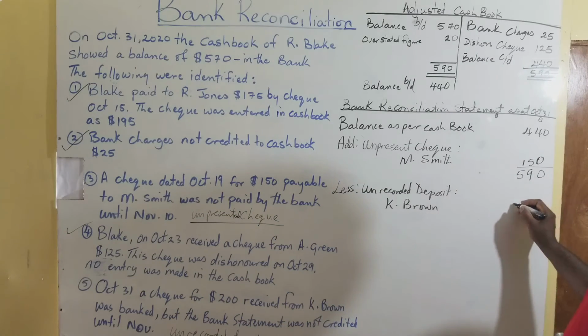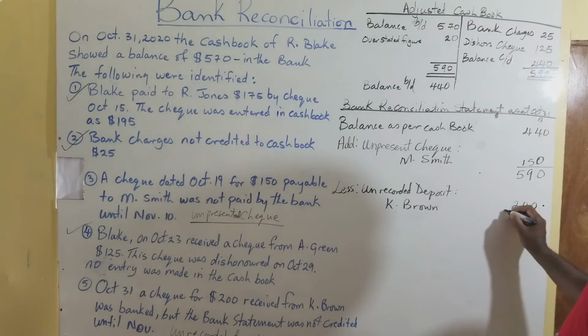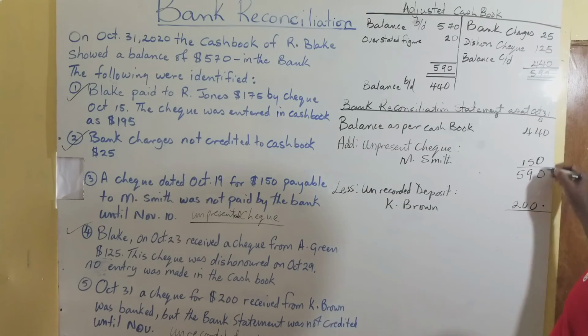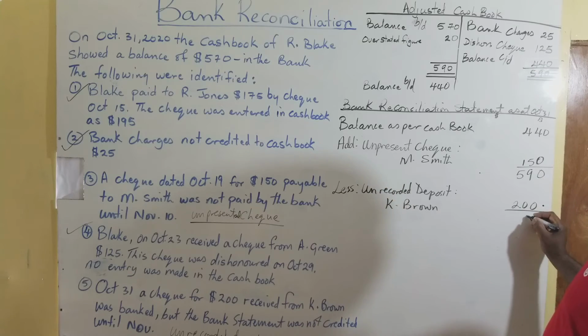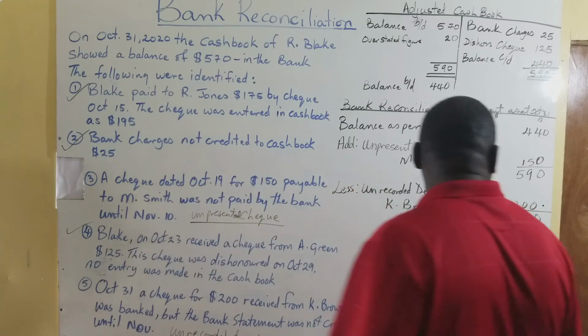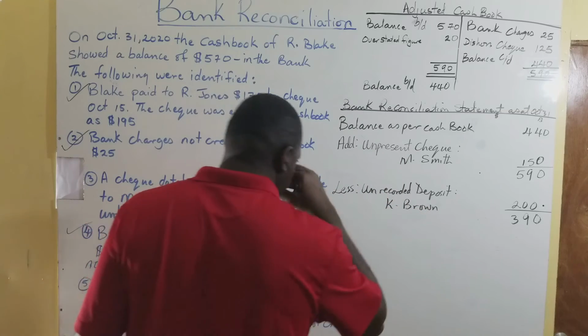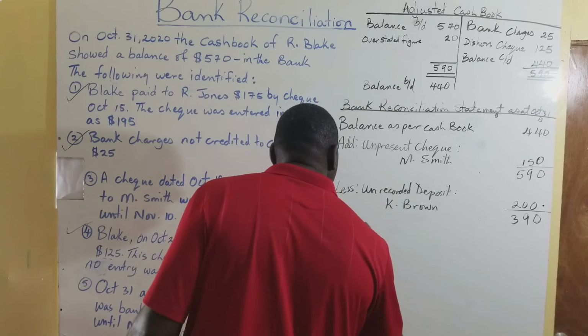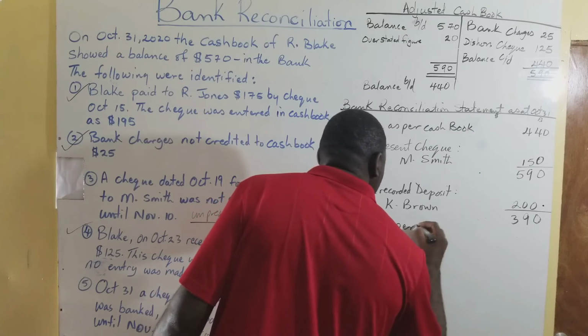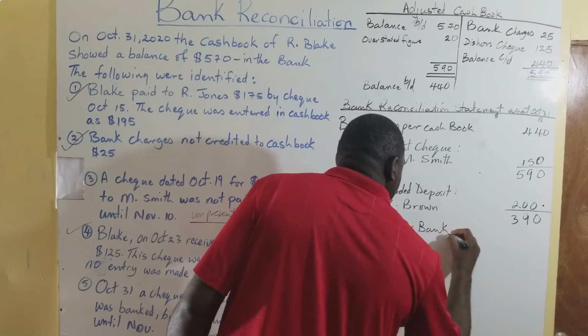So we'll write it here. We said we're going to less it or subtract, then we're going to do so. Then the 9, and then it's going to be 3. Yes? So the 390 then would have been the balance as per bank statement.